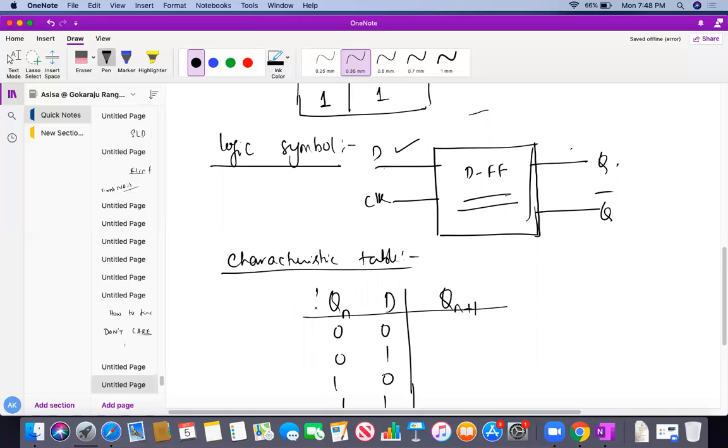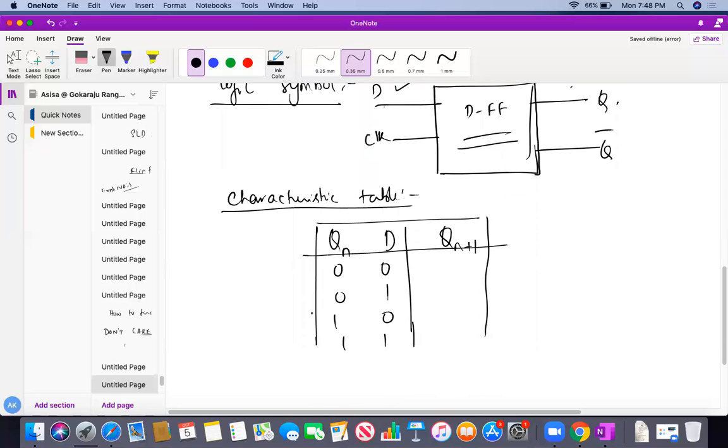As we know, Qn plus 1 is nothing else but whatever D is, that is reflected at Qn plus 1. Qn plus 1 is here 0, 1, 0, 1. So it doesn't depend on Qn at all. It mainly depends upon D, not on what my past output is, because Qn plus 1 is D.